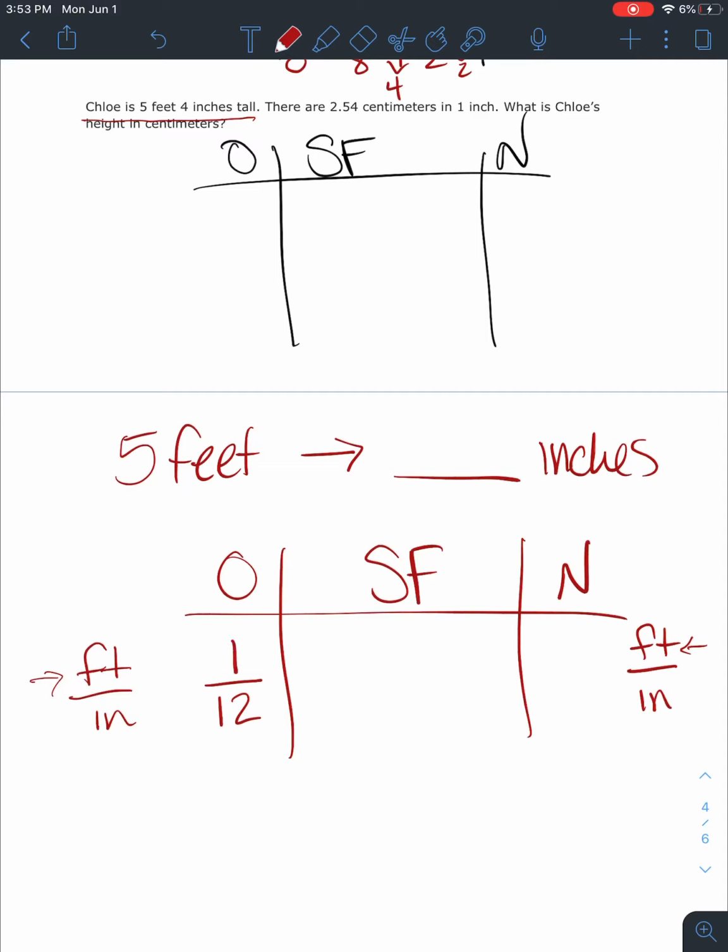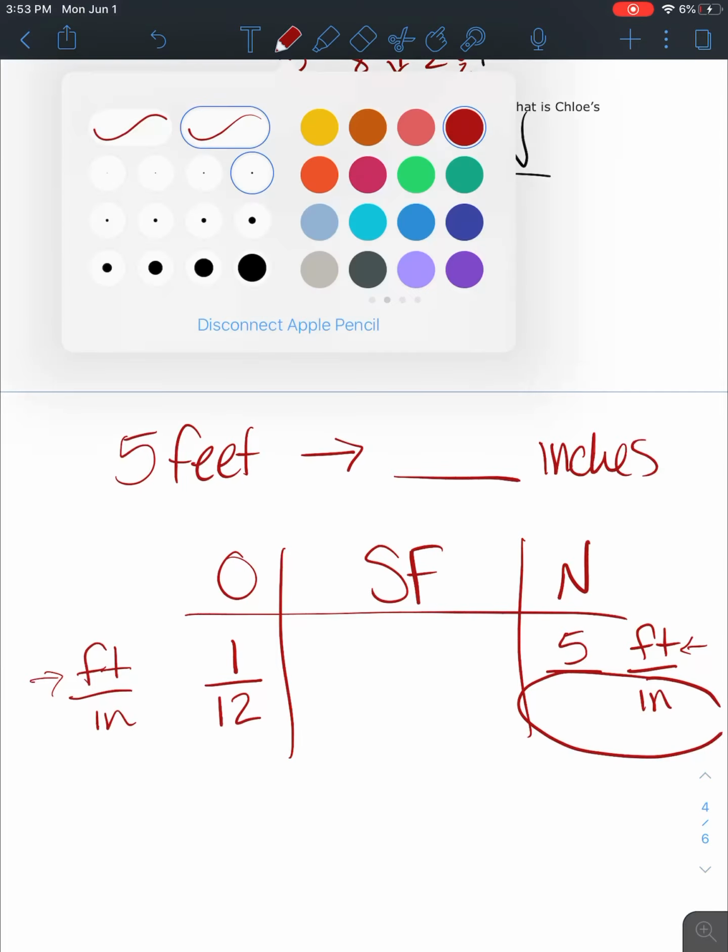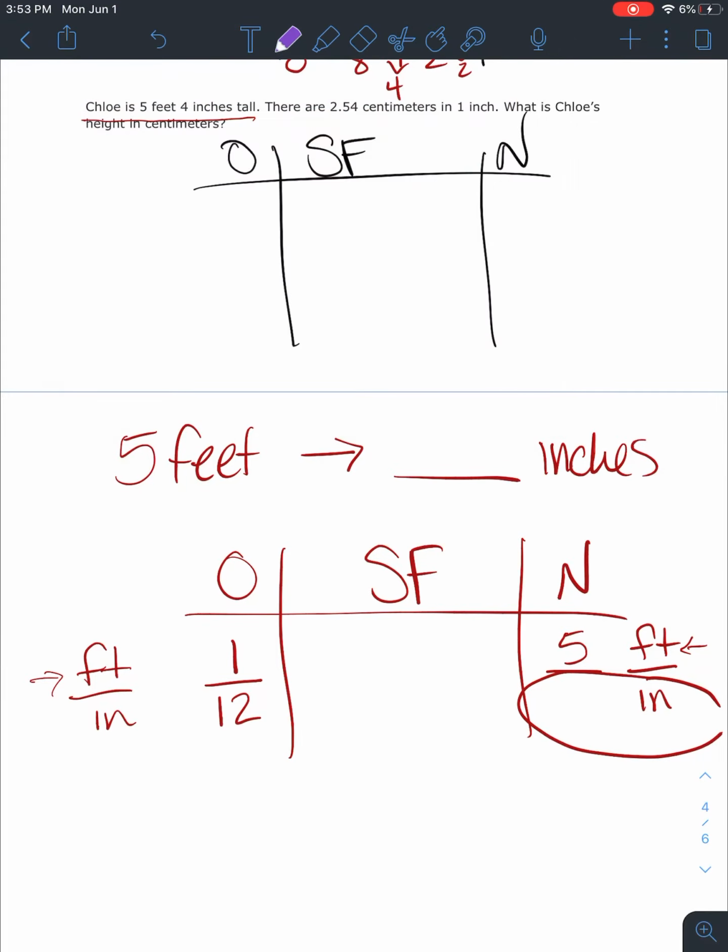Okay, and so I'm going to use this information to figure out how many inches are in 5 feet, so that I can then use that information in the next step of the problem that we're trying to solve. Okay, so kind of the same idea here.